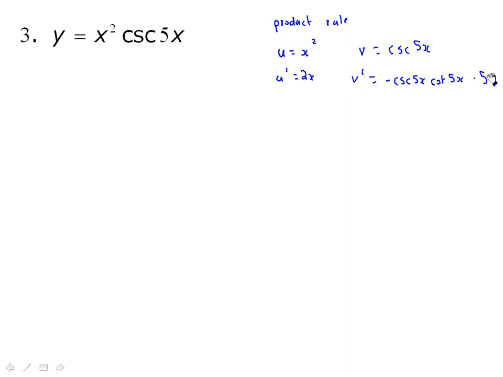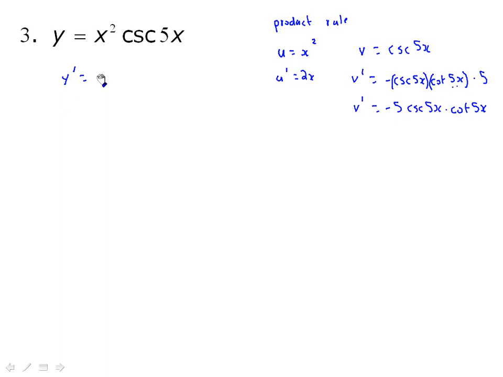So we have to use the chain rule on it. Now, the way you'd write that otherwise is taking the 5 to the front. So negative 5 cosecant 5x multiplied by cotangent of 5x. So always be careful. This 5x is not being multiplied by the 5. And if you have any doubt at all when you're doing it, put a bracket around it so it's perfectly clear. You don't want to make a mistake on that, because if you make a mistake with it, you don't find the mistake.